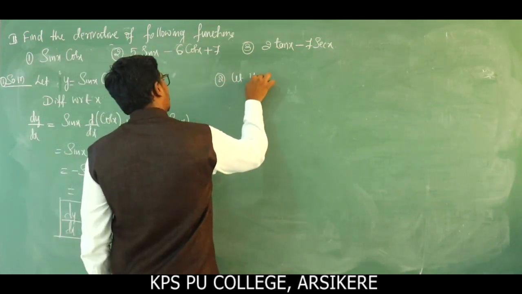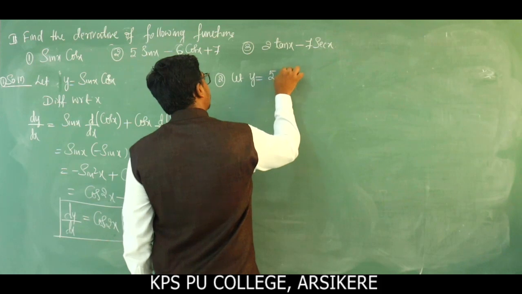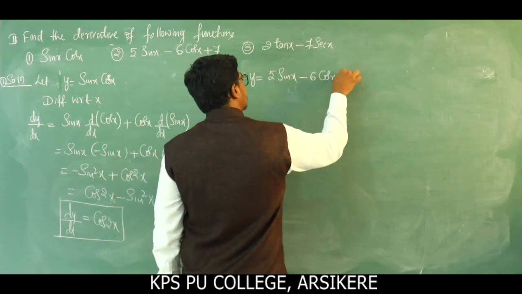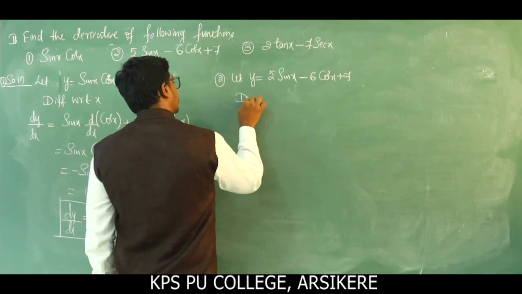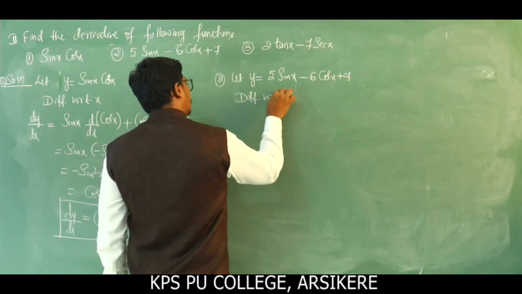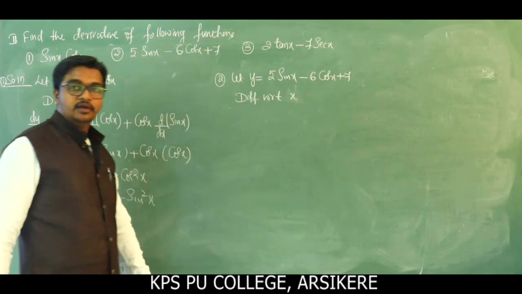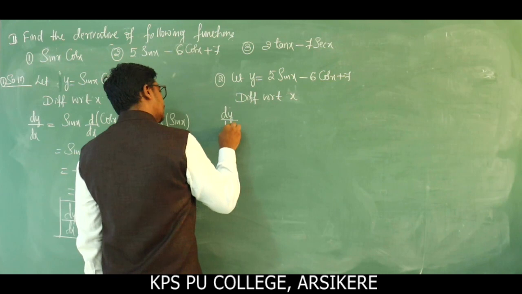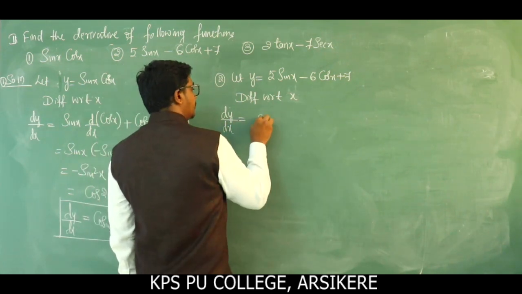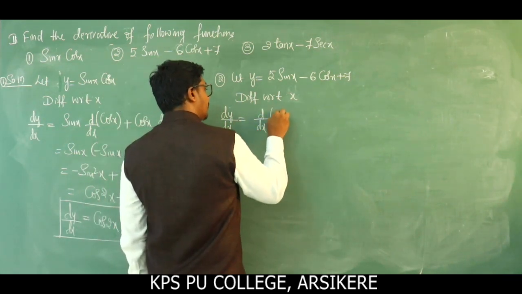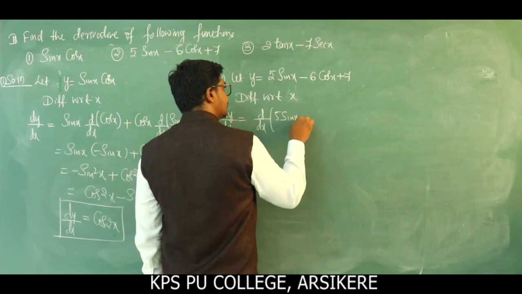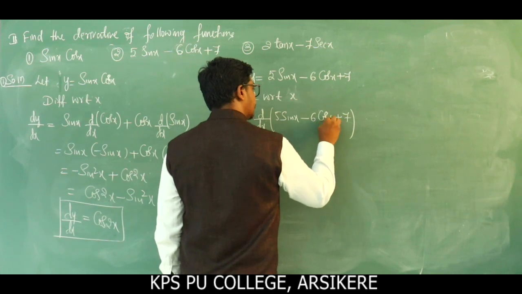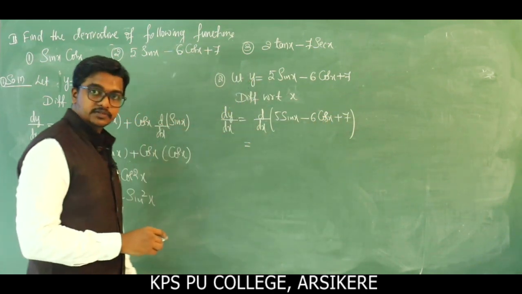Let y is equal to 5 into sin x minus 6 into cos x plus 7. Differentiate with respect to x. This becomes dy by dx is equal to d by dx of 5 sin x minus 6 cos x plus 7. Separate the terms.